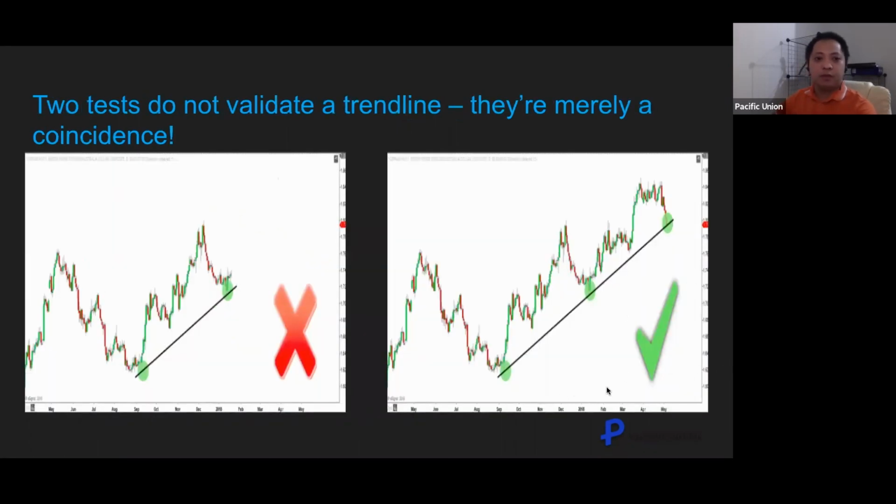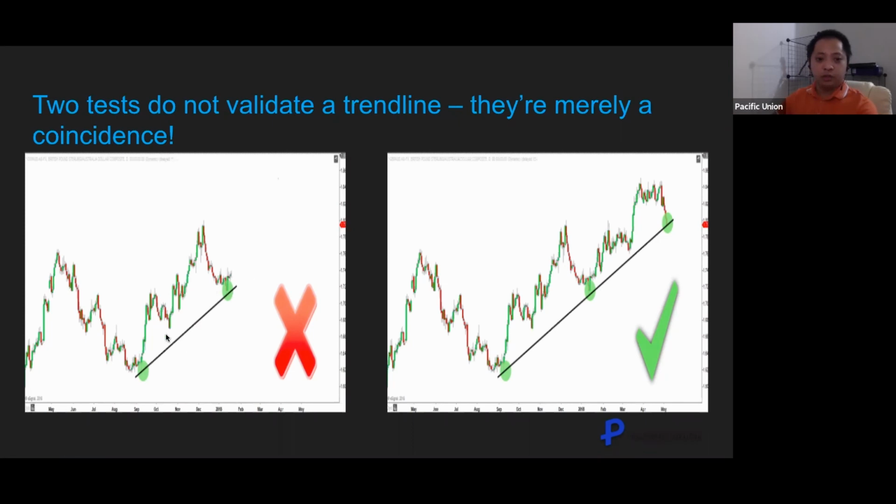Here's a good example of validating a trend line. Validating a trend line means you need to have three instances of a touch on a trend line to consider it valid. Now this is very important because we will be using trend lines as a way to actually enter a trade, and you have to make sure that you are using a valid trend line, meaning there is a big chance that the next touch will do exactly the same thing, which is to reject the price.